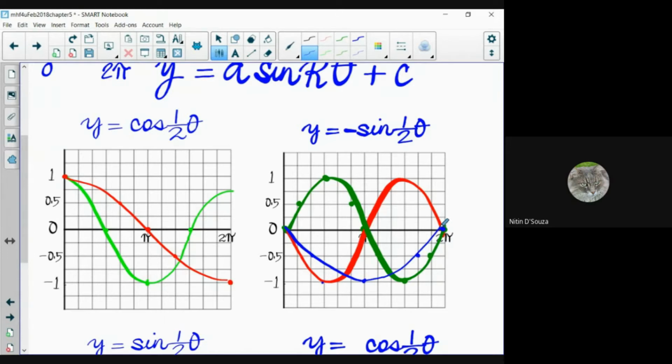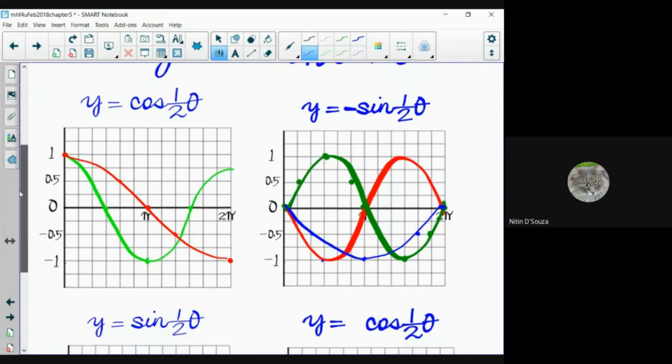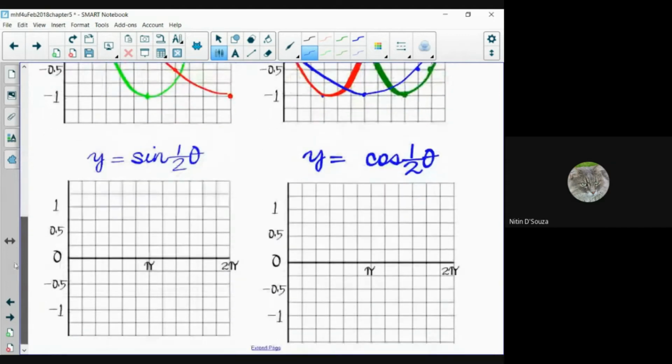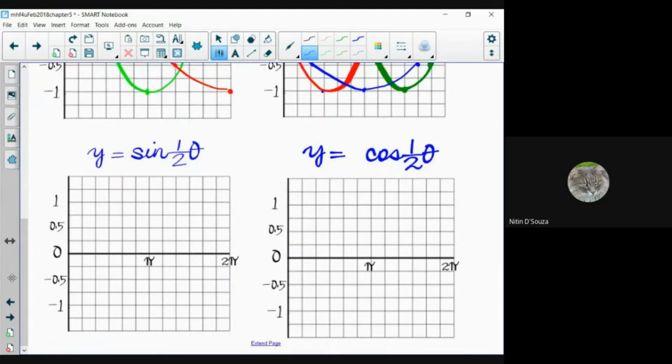You good so far? Sine of a half theta. This means between 0 and 2 pi, we'll just have the first half of sine. But now, since you've already done sine a few times, you know that your sine curve basically is this one.